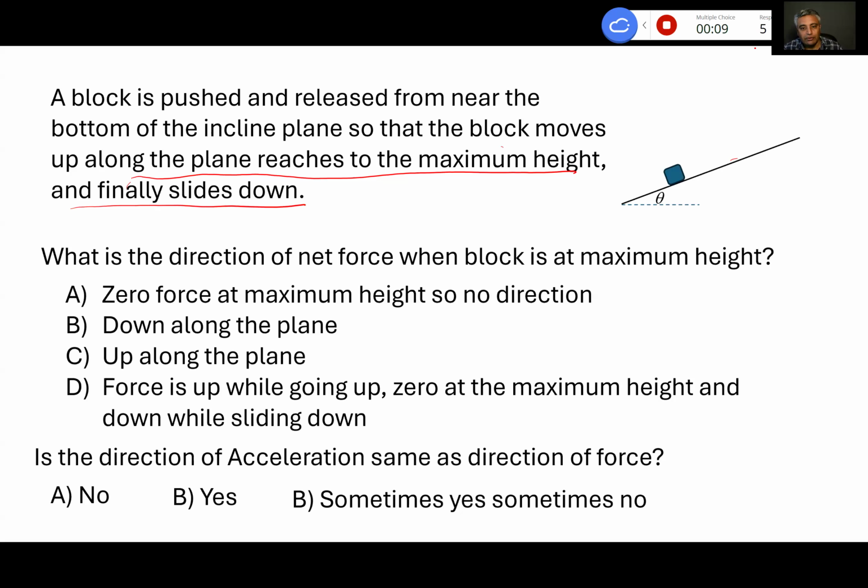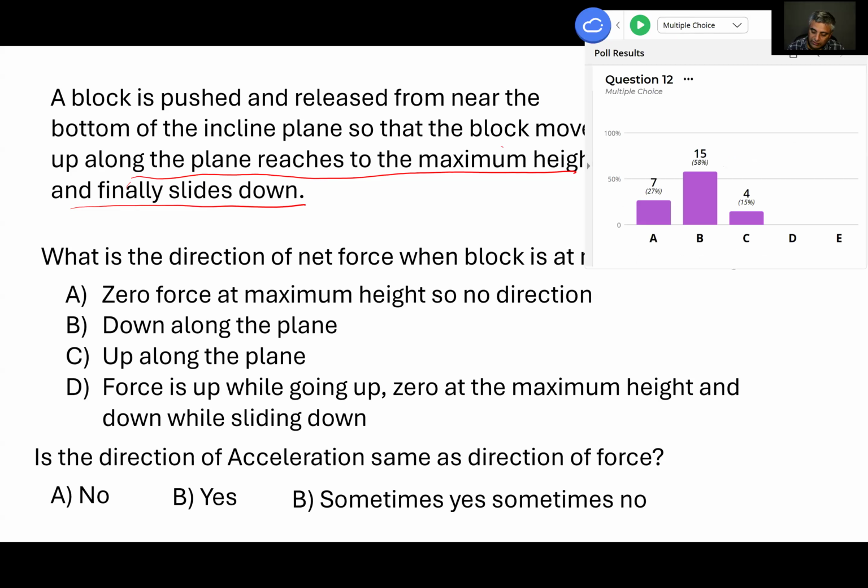And this time you have only 30 seconds. Okay, 5 more seconds. 5, 4, 3, 2, 1, and it stops.